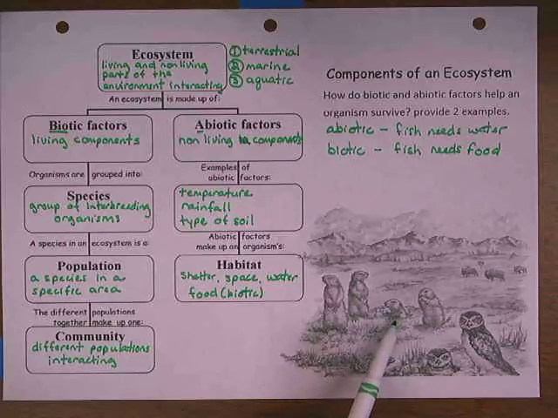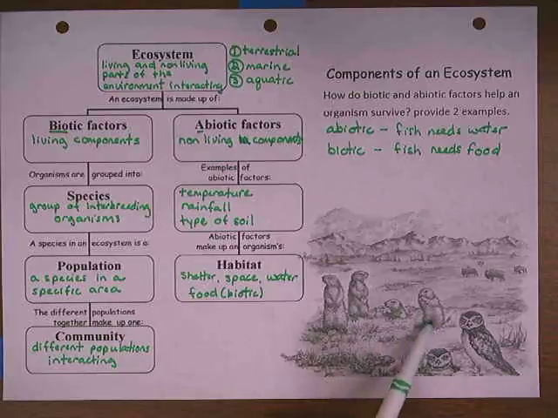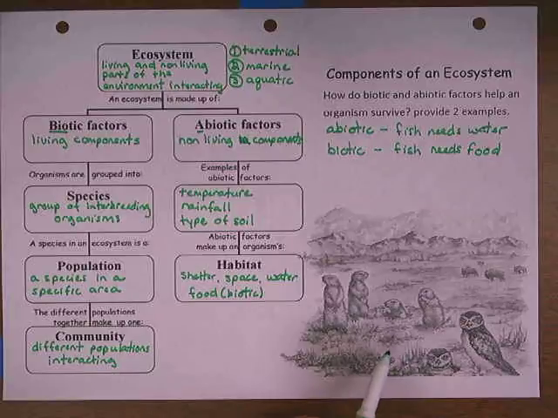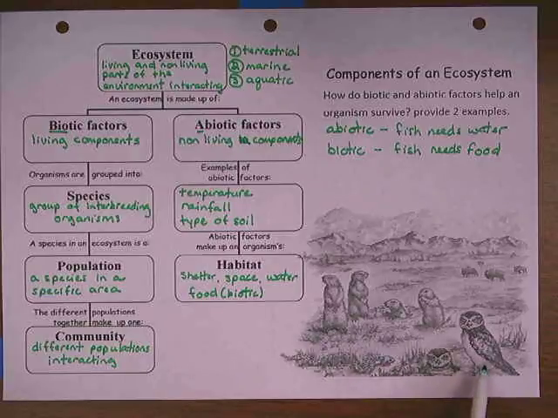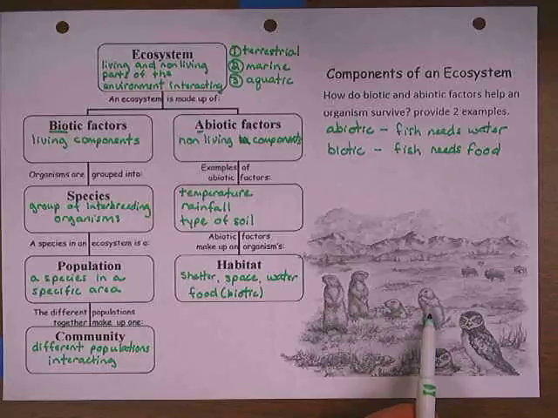If we check down here on this prairie, we can see that these prairie dogs, they dig holes and tunnels and these huge elaborate communities within the ground. But if the ground was too compact, or maybe if the soil was too loose, those tunnels would collapse and those organisms would not be able to survive. So they need that abiotic factor of a certain type of soil in order to build their homes.